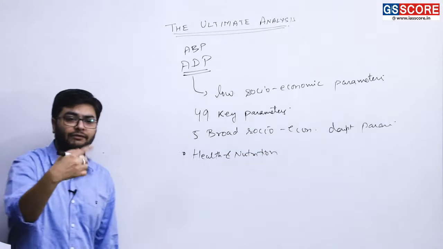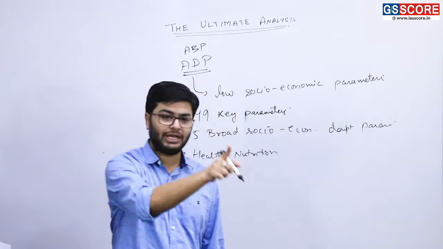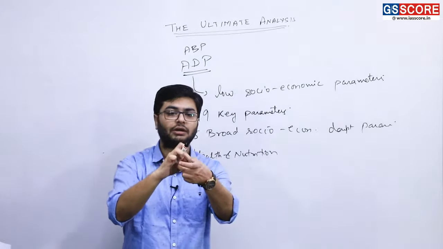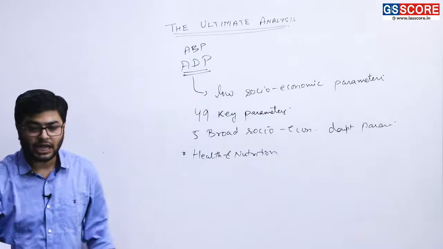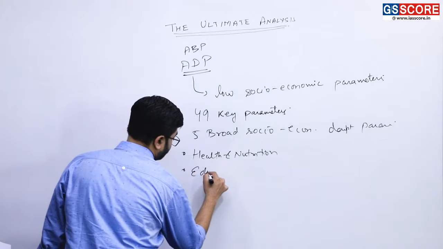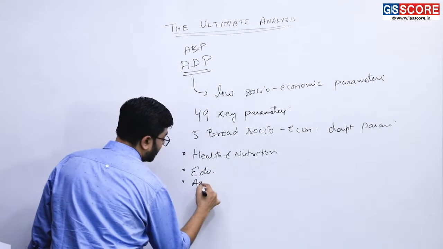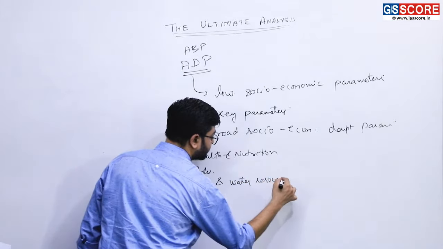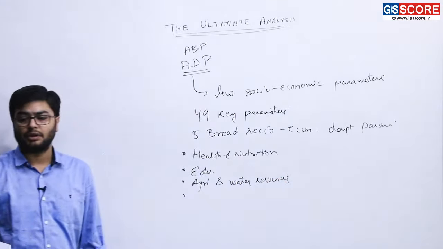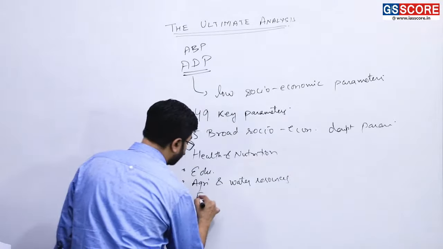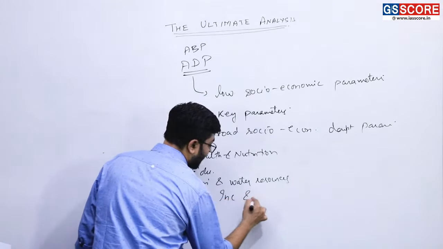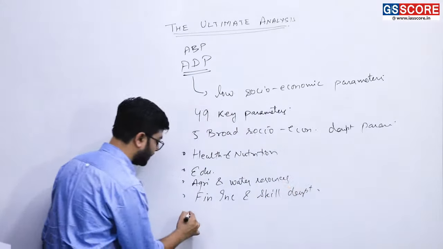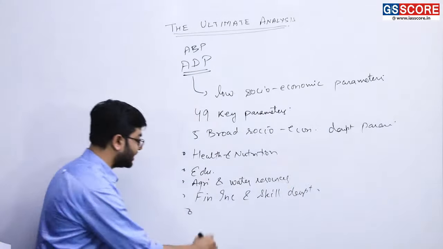If you have good nutrition levels, chances are you will be healthy. If you are unhealthy, chances are you have low nutrition levels. So both are mutually reinforcing. Education, agriculture and water resources, financial inclusion and skill development, and last but not the least, infrastructure.